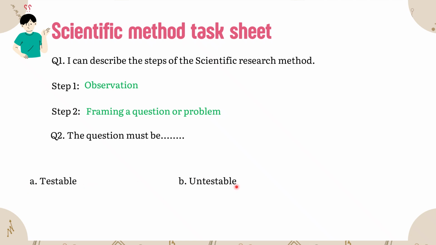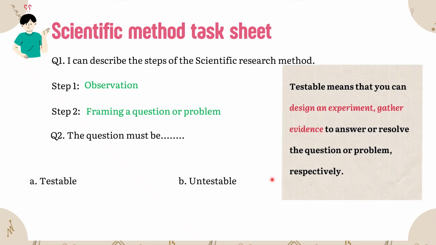Now, let us understand the meaning of testable or untestable question. A testable question means a question for which we can design an experiment and also gather evidence in order to get a proper, justified answer for that particular question or problem.